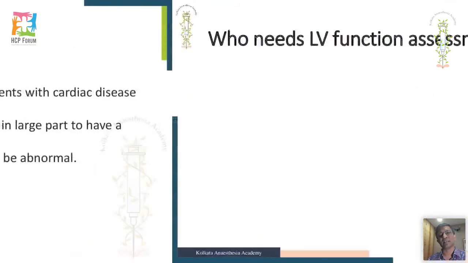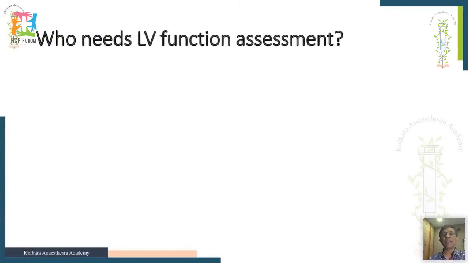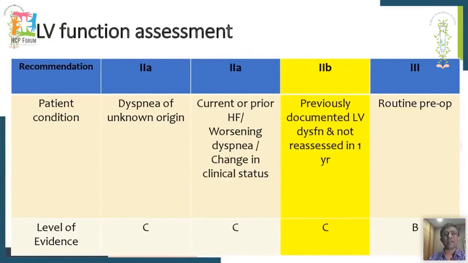Who needs LV evaluation? I go back again to the ACC-AHA 2014. This is very intuitive. Anybody with dyspnea of unknown origin should get an LV evaluation. Current or prior heart failure, worsening clinical condition, worsening dyspnea, should get an LV evaluation.